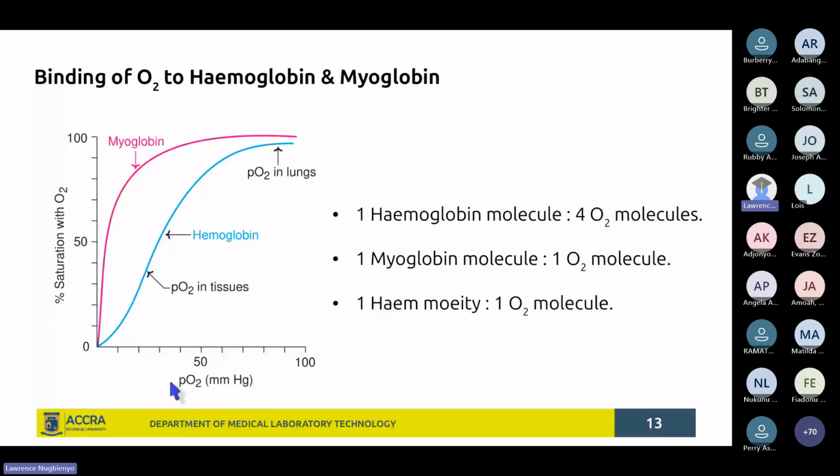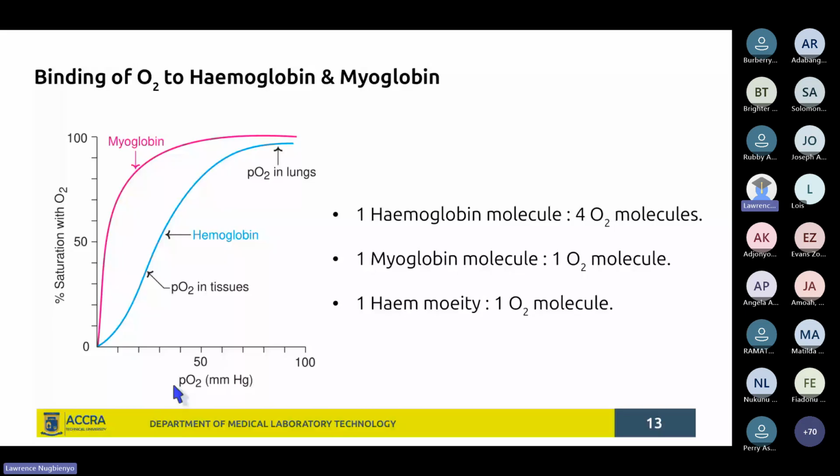Now, let's compare the binding affinity of hemoglobin to, not affinity, what we're referring to is saturation. That is, how much oxygen can hemoglobin and myoglobin take to become saturated.